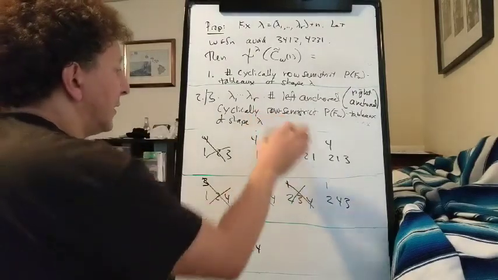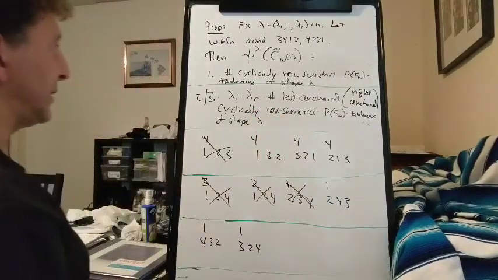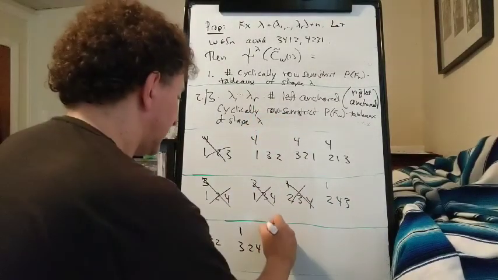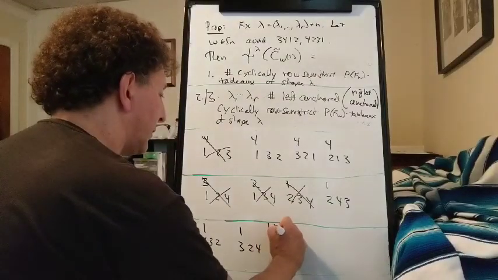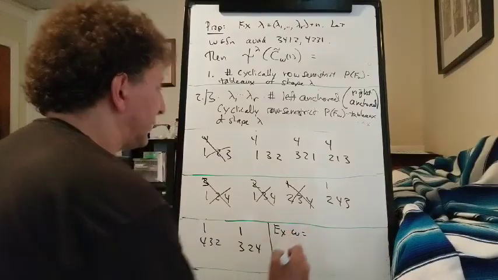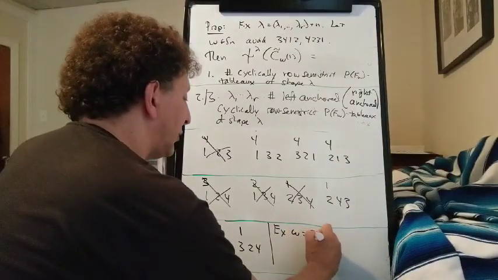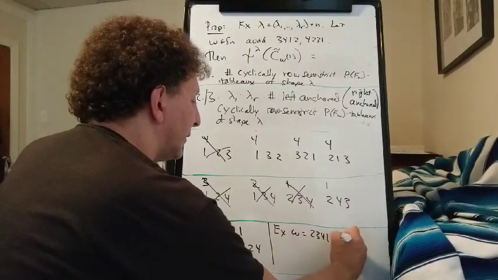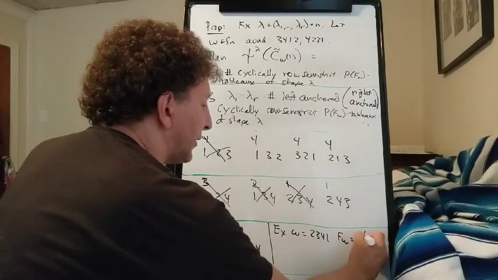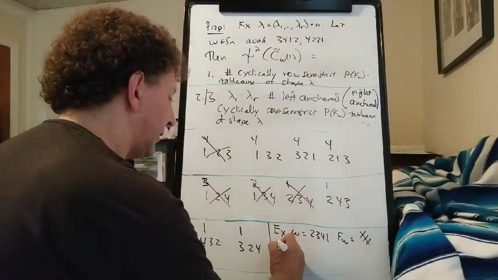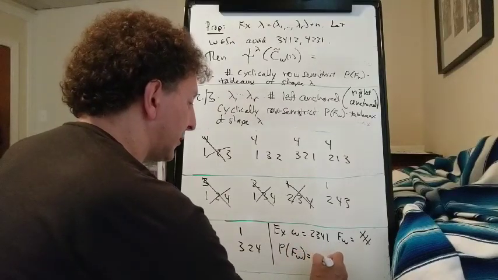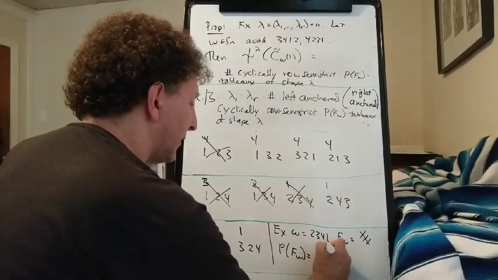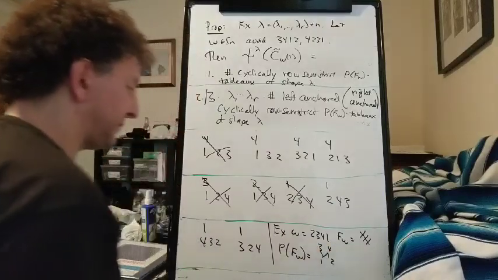So in this example, let's let w be 2, 3, 4, 1, so that F_w equals that planar network, so that the poset equals this poset that we just did.